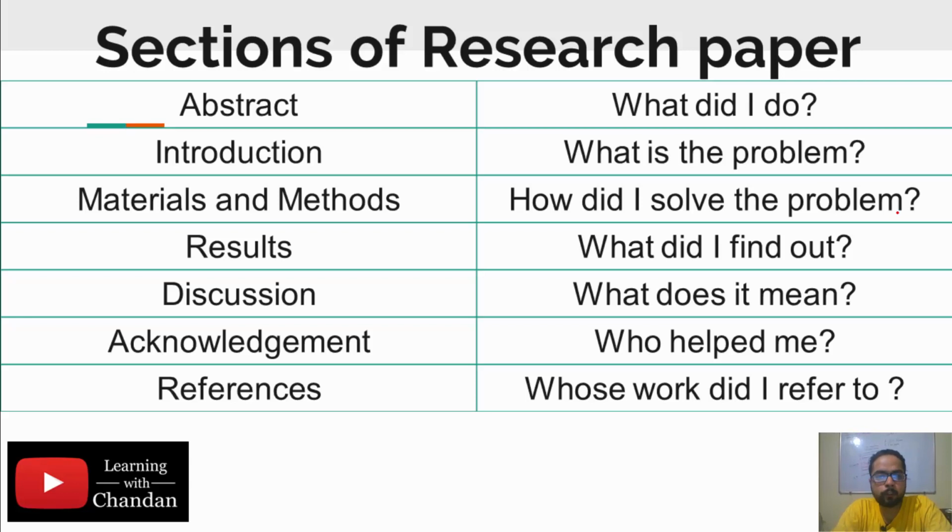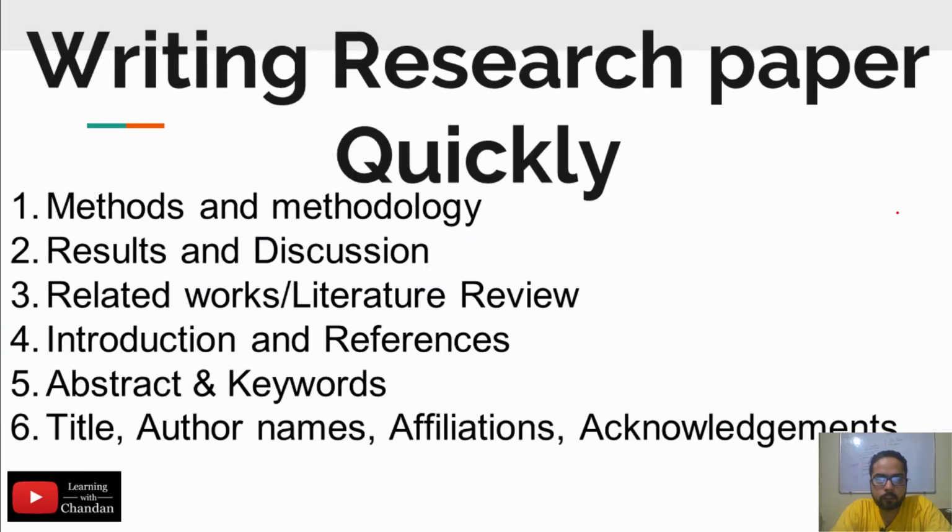In the discussion, we tell what it means, whatever I found out, what does that actually mean. In the acknowledgement, we tell who has helped me to write this paper, and in the references, we tell whose work we referred to. So this is what each section of the research paper tells us.